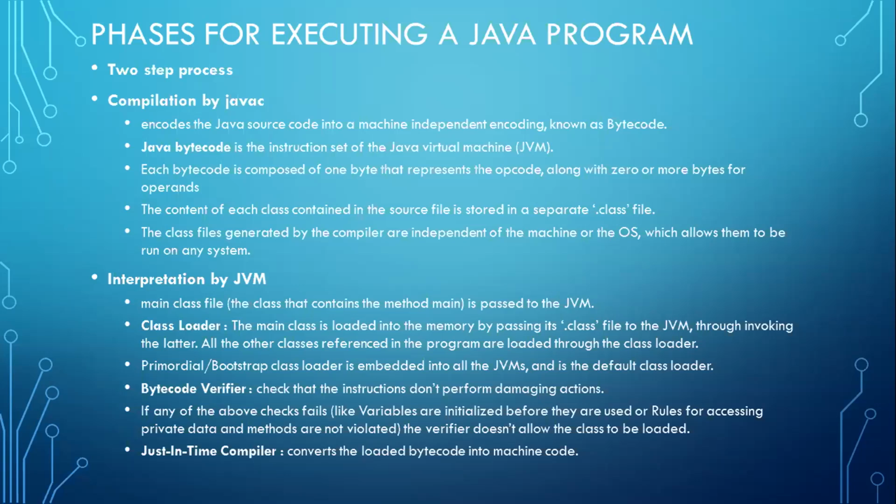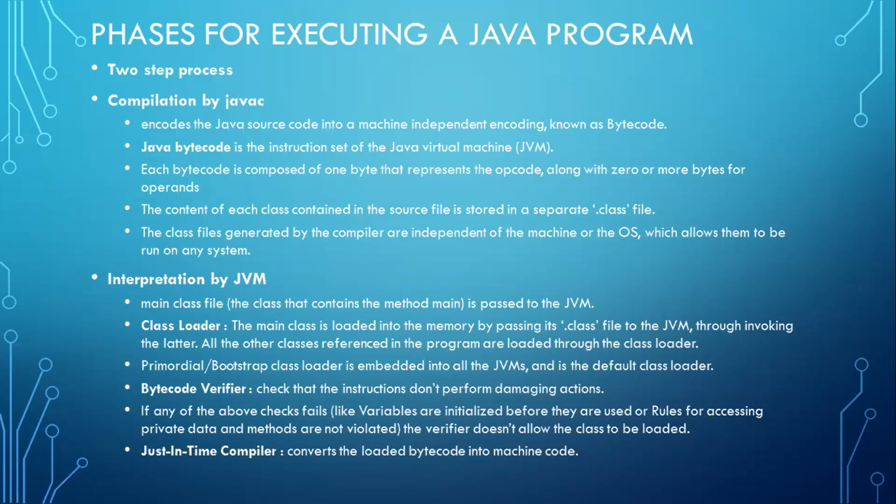As I told you, it's a two-step process. You first compile the Java program through javac, and then in the next step, you feed this dot class file into the JVM. Step number one is class loading, through invoking the main method, and all the other classes referenced by the main method are also loaded into the main memory.